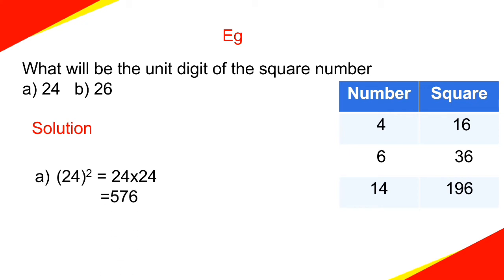That is nothing but 576. Now we go to option B, 26 squared is equal to 26 into 26. What can we get? That is nothing but 676.